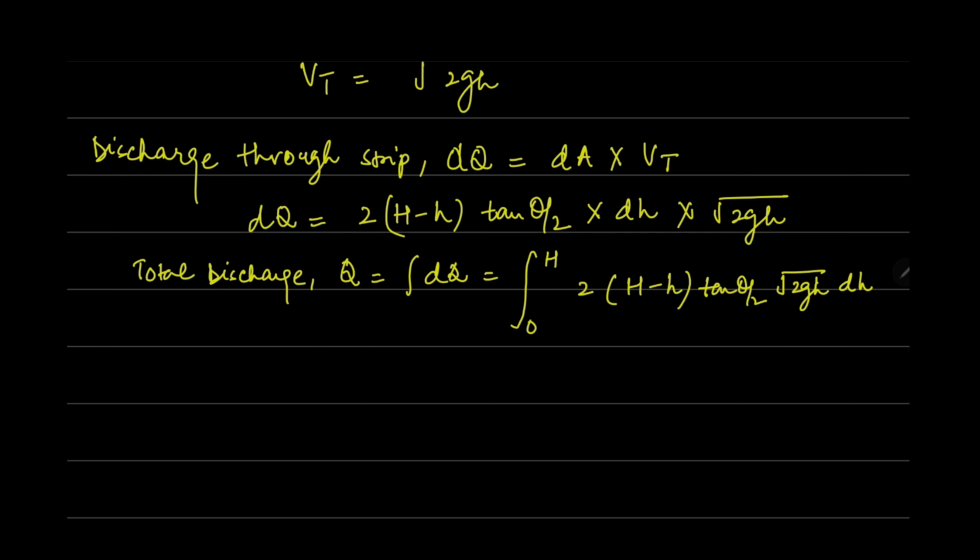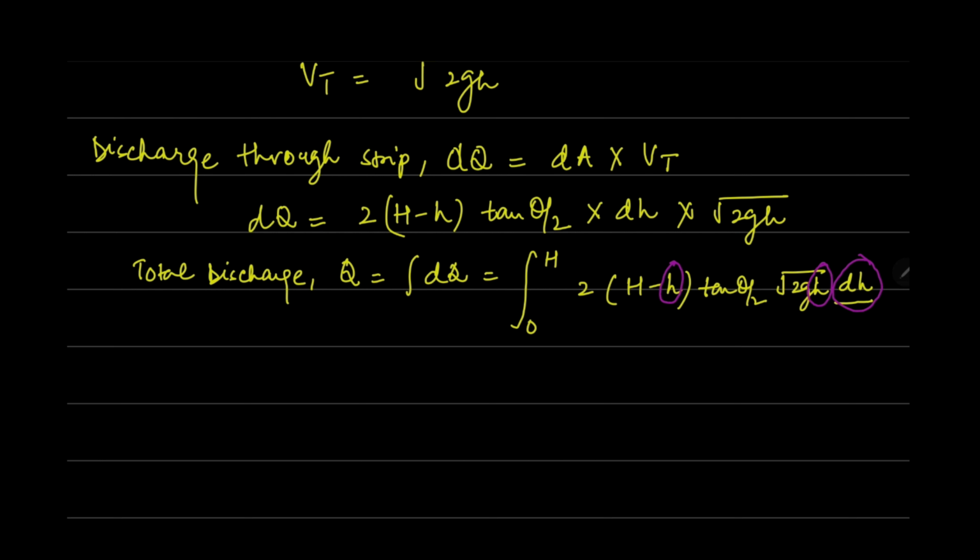Now we are doing the integration in terms of dh, so we have to take where h is available. h is available at this location as well as this particular location.